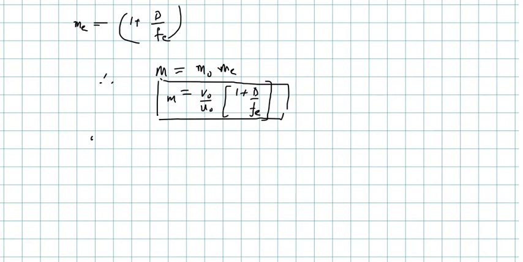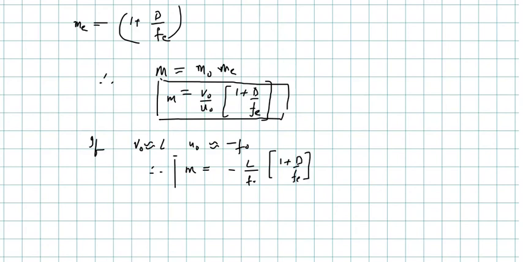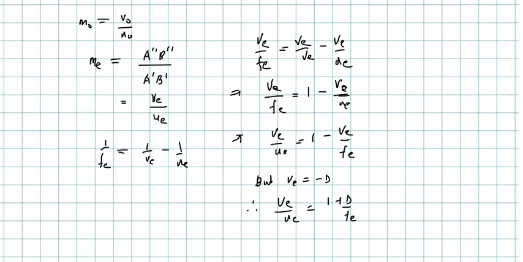VO is almost equivalent to length, and UO is almost equivalent to minus FO. I am taking sign convention, writing this minus FO, the focal length of the objective. Then this expression becomes M equals minus L by FO into 1 plus D by FE. That is it. So this is the magnification relation for a compound microscope in near point adjustment.